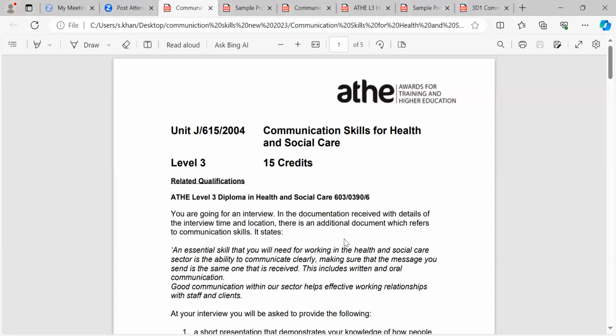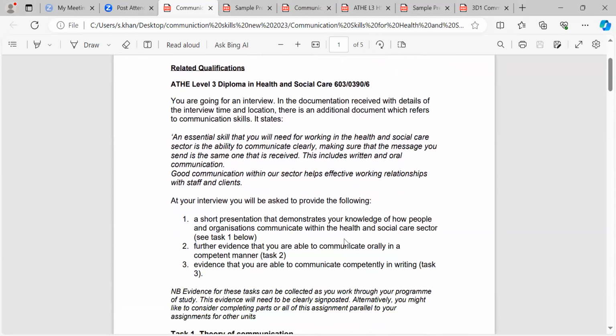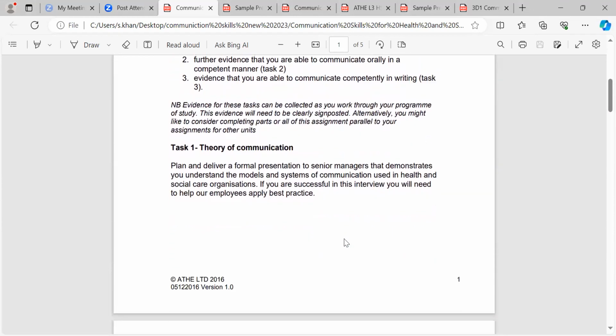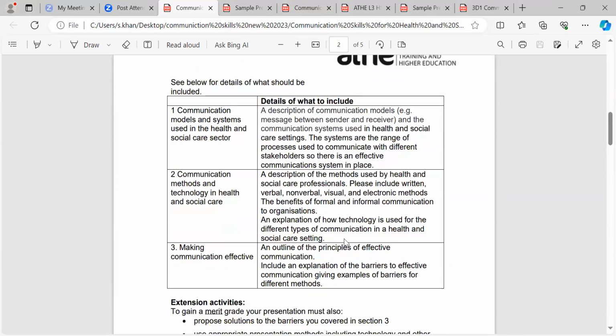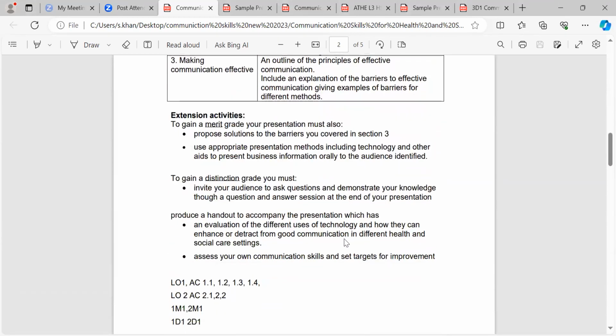Make sure you use the Harvard referencing system for referencing. Make sure you title everything and have a contents page where everything is, and make sure you're clear. If you're doing task 1, put task 1 as the heading. And if you're doing the extension activities, put each extension activity.